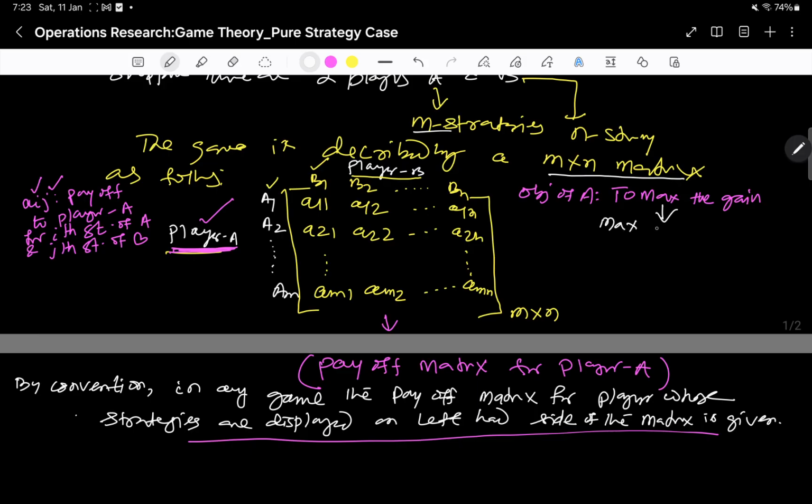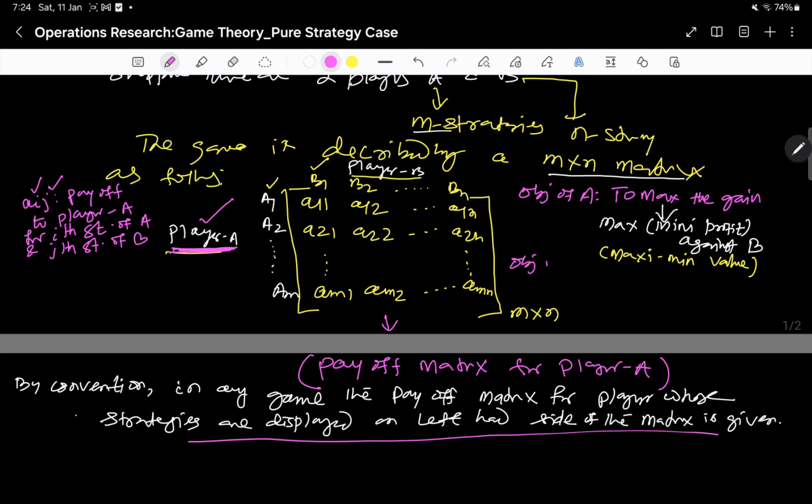So A maximizes the minimum profit against B. That's why it is called the Maximin value, right? Maximin value.